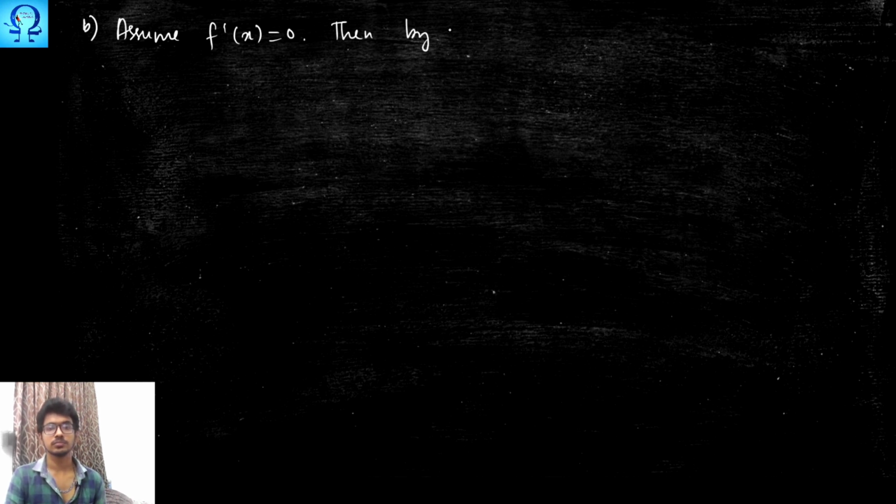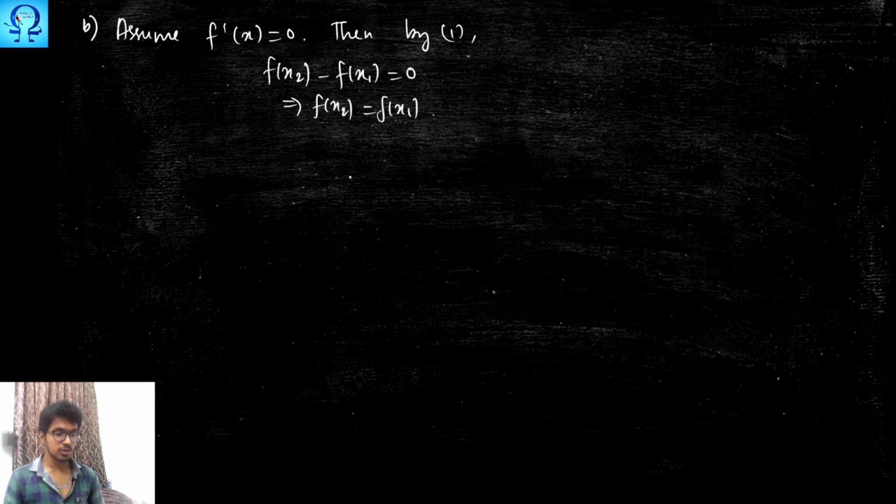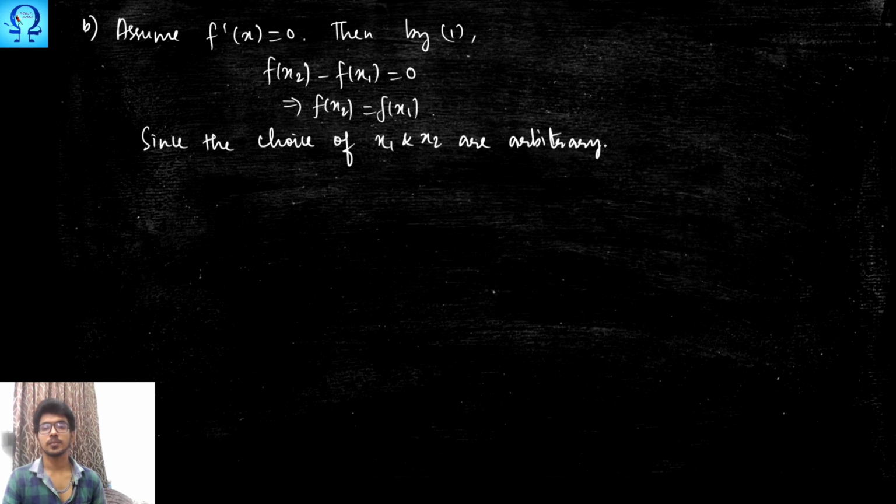Then by 1, f of x2 minus f of x1 is 0 whatsoever the value of x2 minus x1 is. This tells us that f of x2 equals f of x1. This is true for all values of x1 and x2. Since the choice of x1 and x2 are arbitrary, we get f is constant.